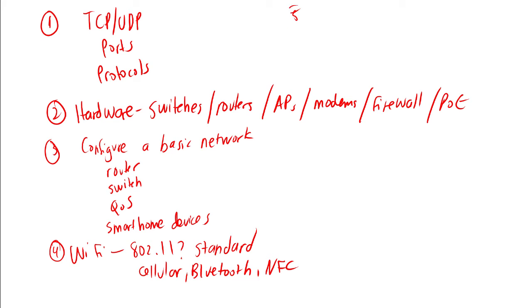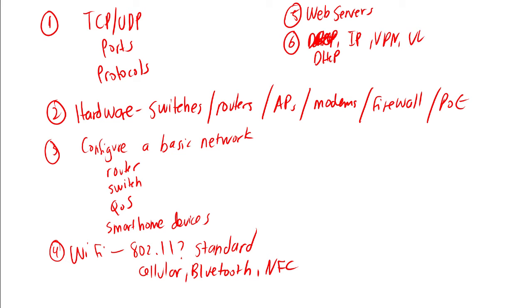And then we're going to look at web servers, DHCP, DHCP, IP, VPNs, VLANs, etc. And then we're going to look at types of internet.